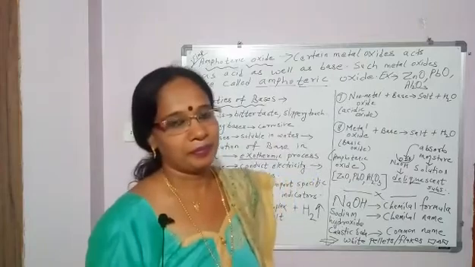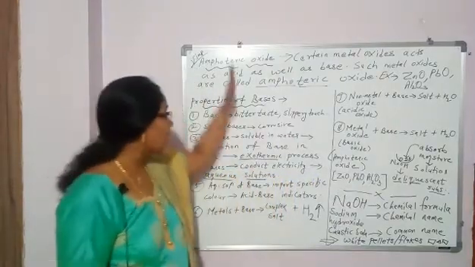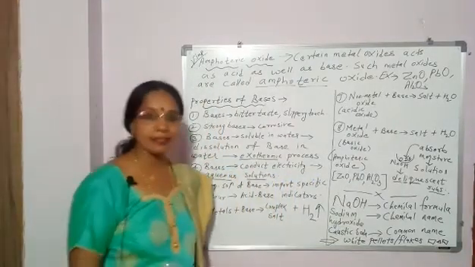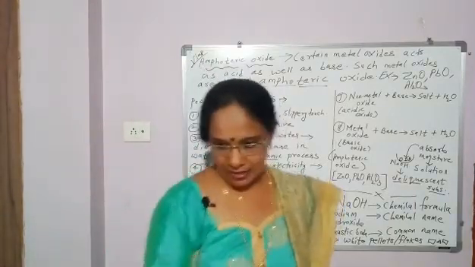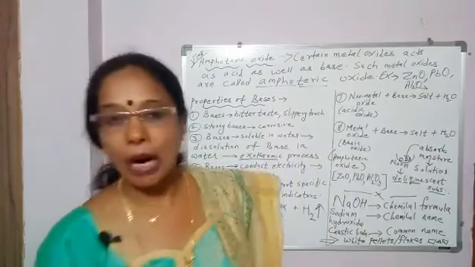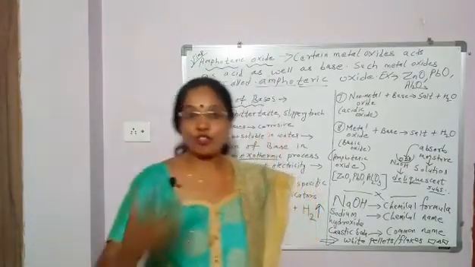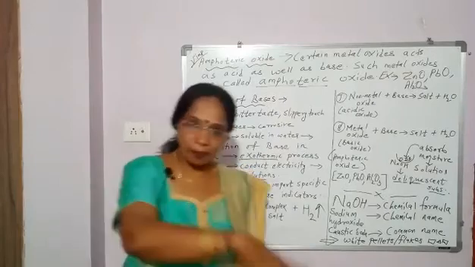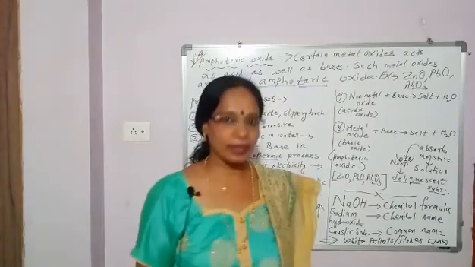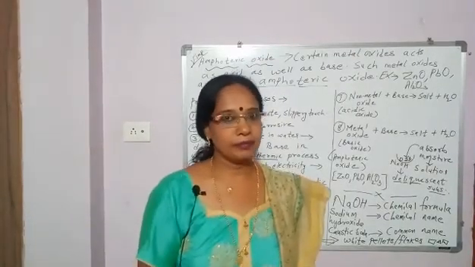Okay. So students, any doubt here in properties of bases? I think no. Yes. So students, next period we will discuss the difference between strong acid and weak acid, then the difference between strong base and weak base. Okay. Thanks.